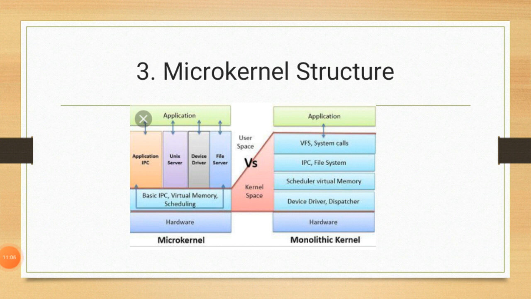It also provides more security and reliability, because most services are running as user rather than kernel processes. If a service fails, the rest of the operating system is not going to be harmed. So these are the three structures of operating system: monolithic, layered structure, and the microkernel.